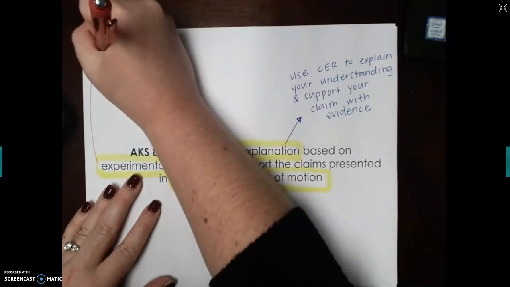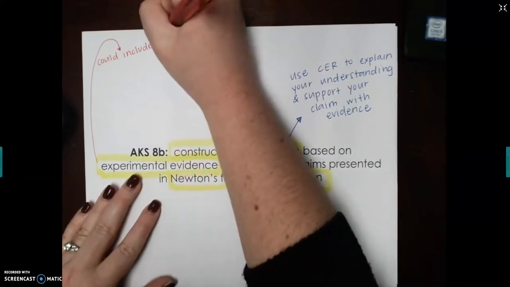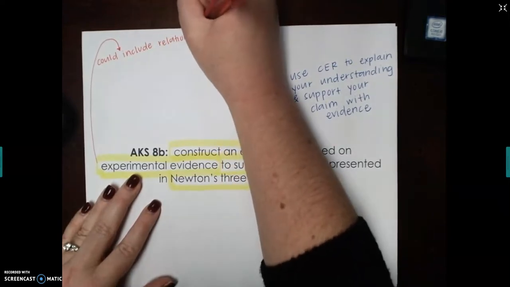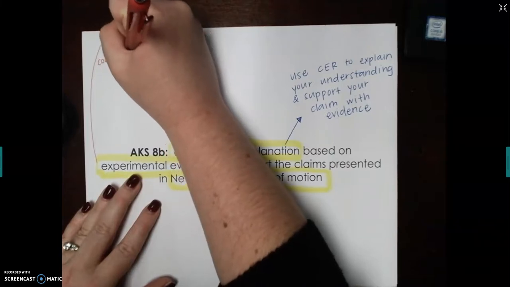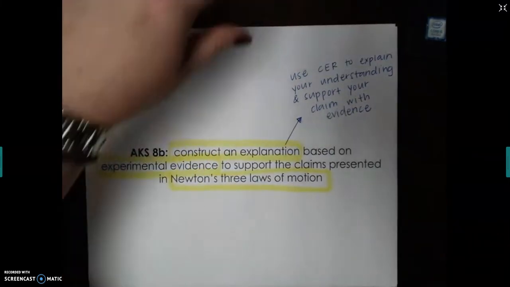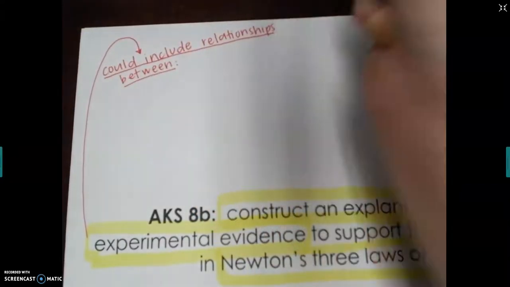And I'm going to write, could include relationships between, and I'm going to put a little colon. I'm going to zoom this in for you just a little bit so it's easier to see. A little less crooked. Okay. I'm going to put a little line underneath just so that it's easy to tell this is my header.